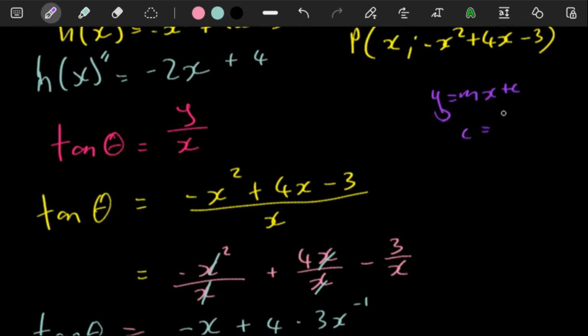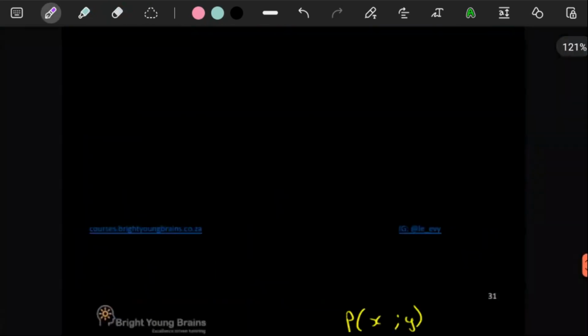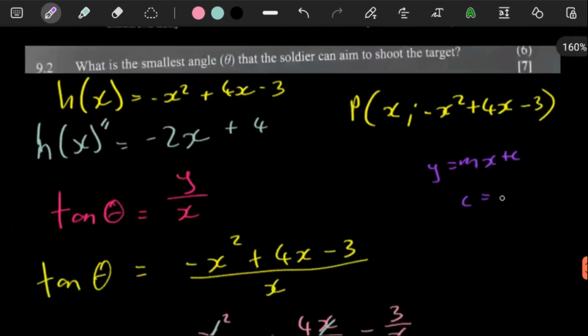But our c value is 0 because the y-intercept of that line is clearly 0, as you can see here. So the equation is just y is equal to mx.